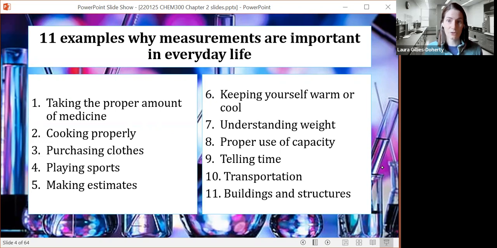Keeping yourself warm or cool. That takes thinking about what temperature it is, which is a measurement, and then making a judgment about if you need to put on a sweater or not based on that measurement. Understanding weight, the proper use of capacity, estimating volumes, how much of something you have, telling time, transportation, the distances between things, and then of course, engineering, buildings, and structures. So measurements are all around us.